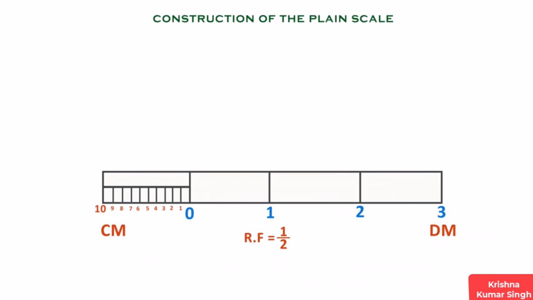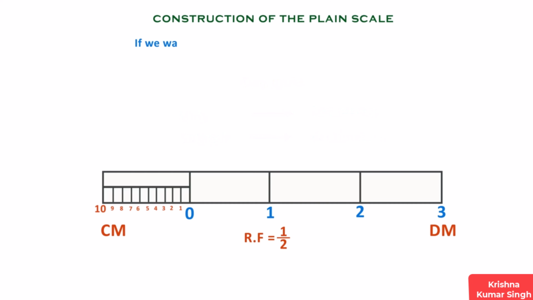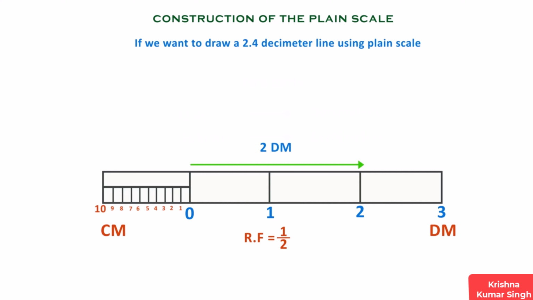Plane scale is used to represent 2 units. That is, a unit and its subunits such as kilometers, meters, decimeters, or decimeters, centimeters, etc. If we want to draw a 2.4 decimeter line using the plane scale, from 0 to 2 indicates 2 decimeters.